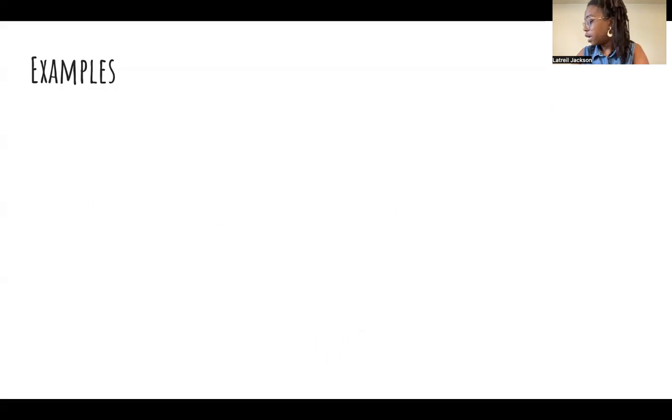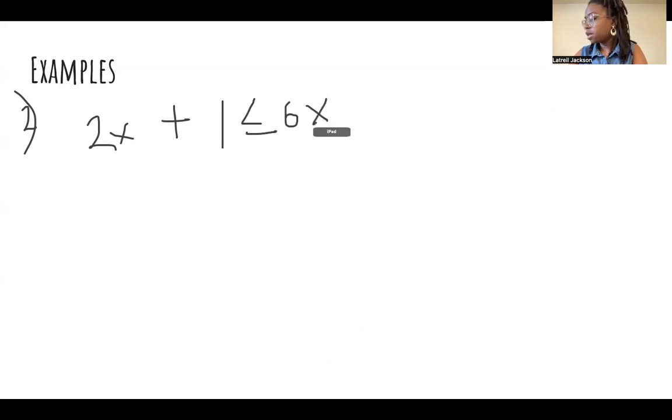Here's another multi-step inequality. We have 2x plus 1 is less than or equal to 6x minus 1.